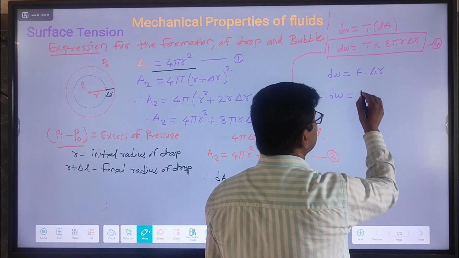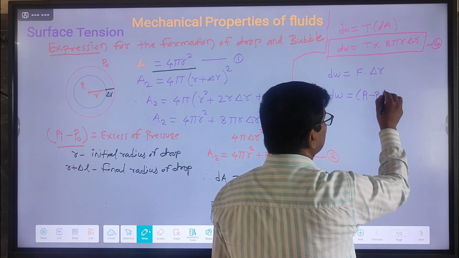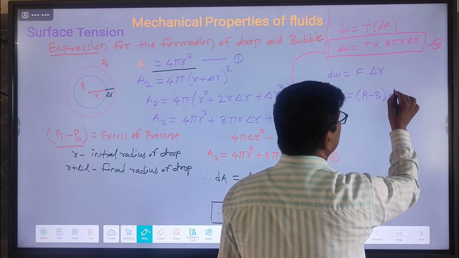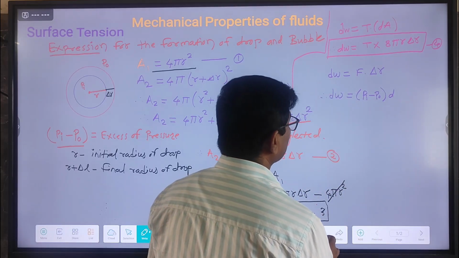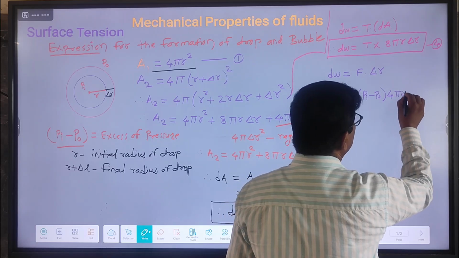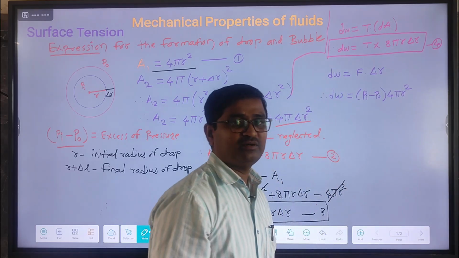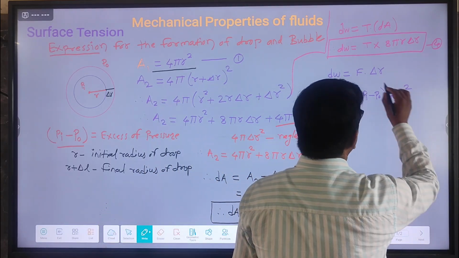Force means excess pressure, Pi minus Po, into area. Area of the drop will be denoted by 4 pi r square, into delta r.